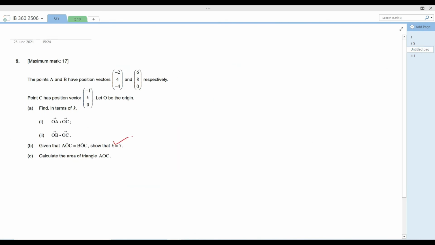Now if it is proved, then the C vector is coming out to be (1, 7, 0). Now we need to calculate the area of triangle AOC. So if this is the triangle, here it is A, it is B, it is C, and I am joining these lines so that we can create a proper triangle. So we need to find out the area of this triangle.